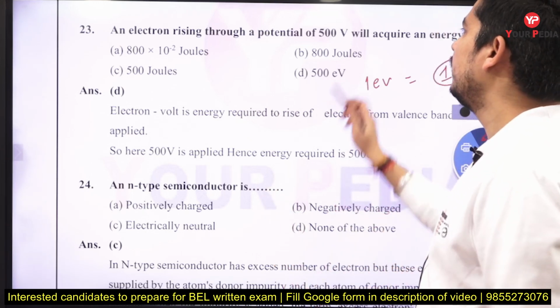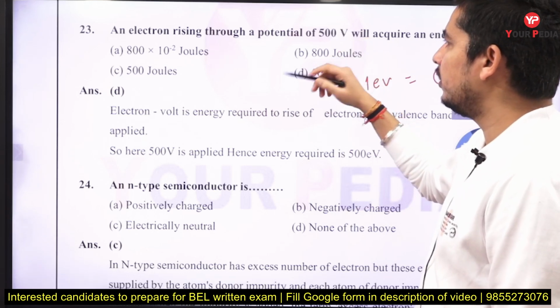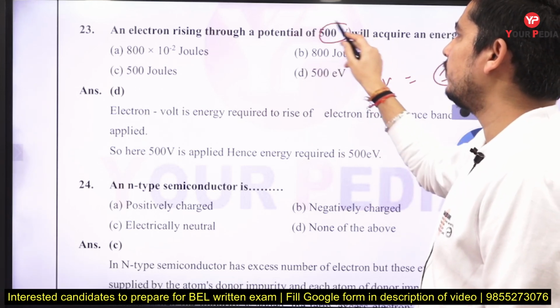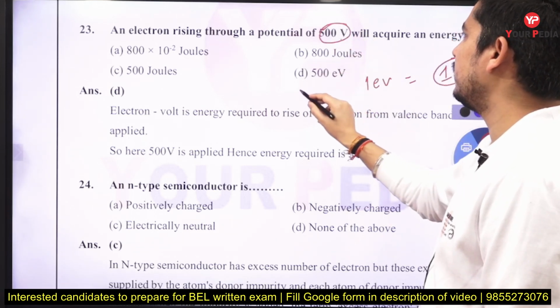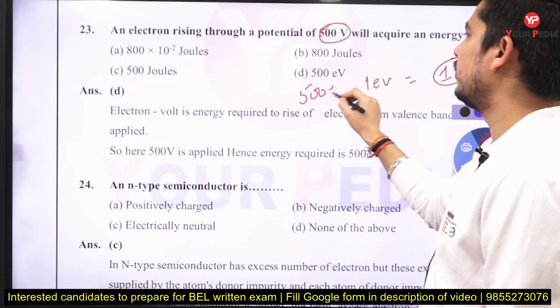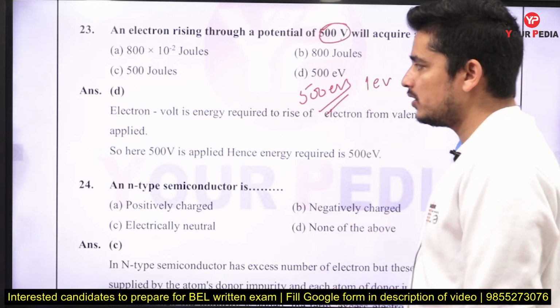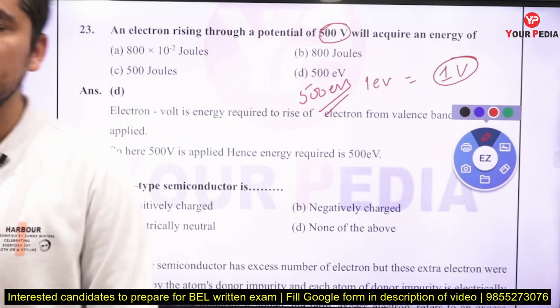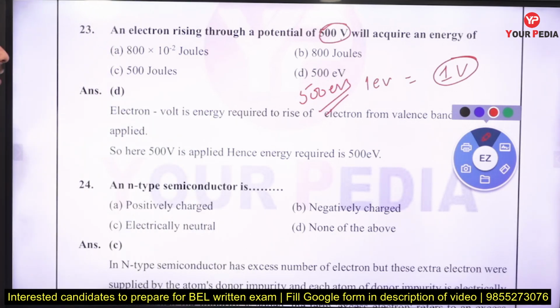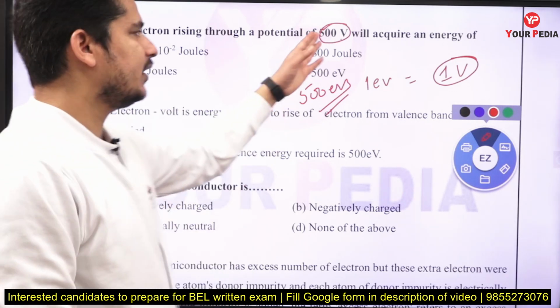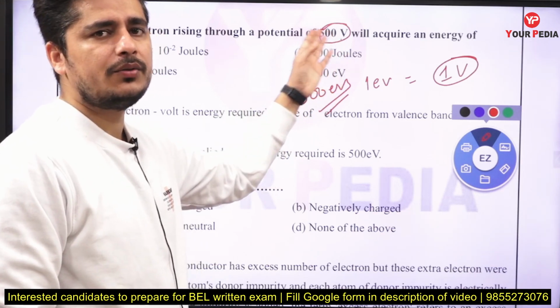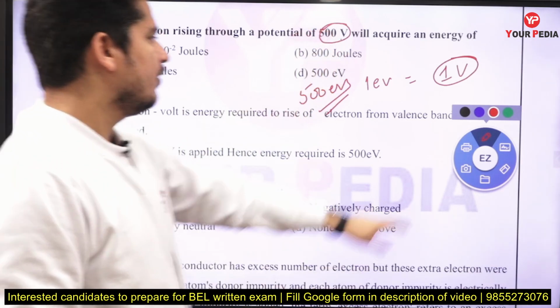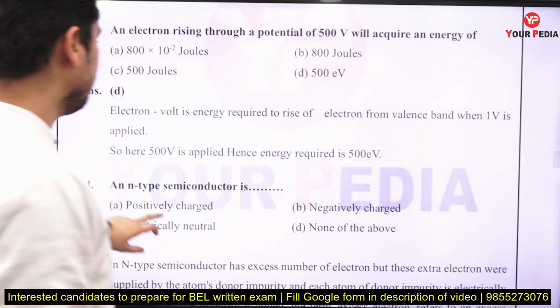So if you are raising an electron through a potential of 500 volts, it will acquire an energy of 500 electron volts. That is the definition of 1 electron volt, the energy acquired by the electron when excited by 1 volt. So if I excite that electron by 500 volts, it gains an energy of 500 electron volts. That will be the answer.